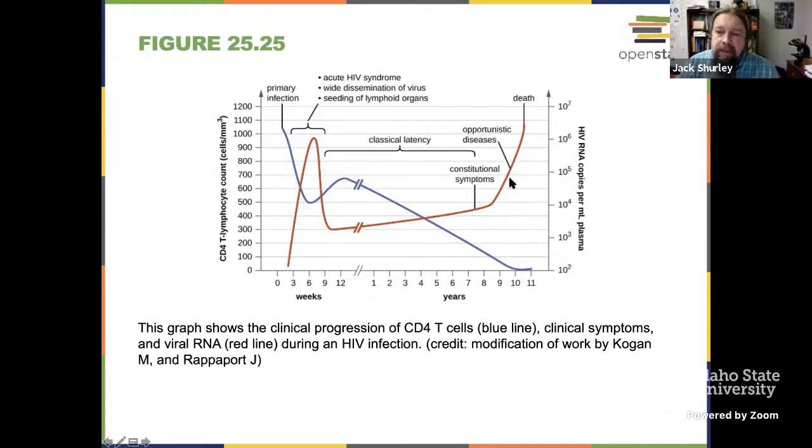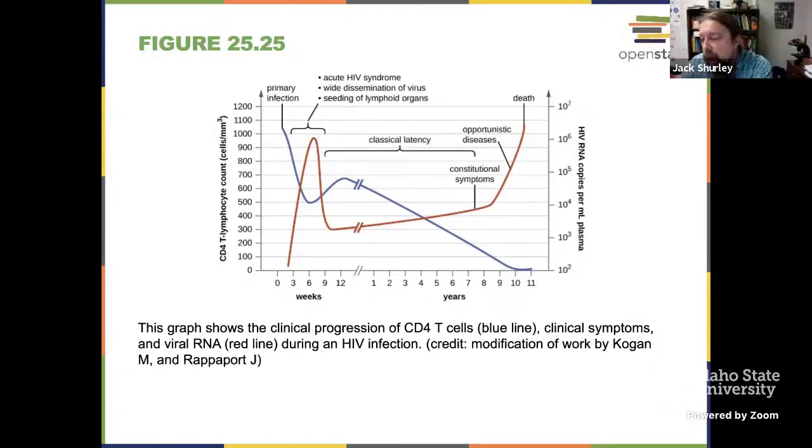All of these things that may, in a normal individual, cause no problems are really what lends to death in this individual. And the level of HIV in the plasma spikes back to the levels that we saw early on in the infection, and the potential for spread at this point is much greater due to the high level of viral copies that are present.